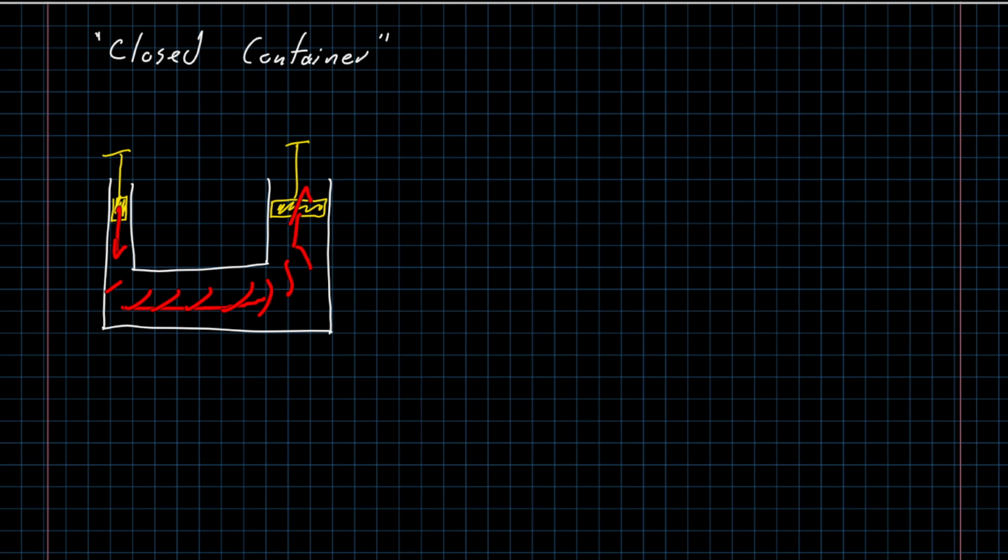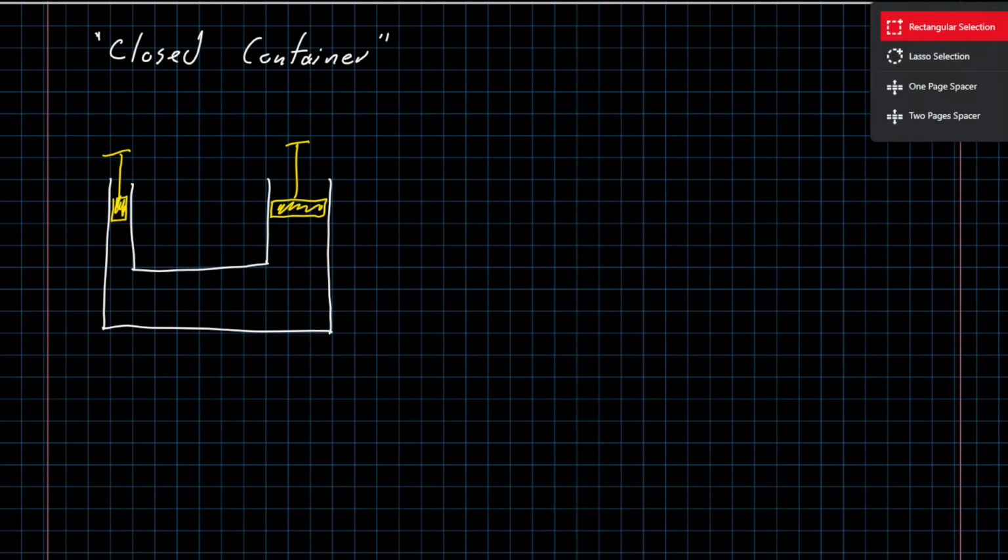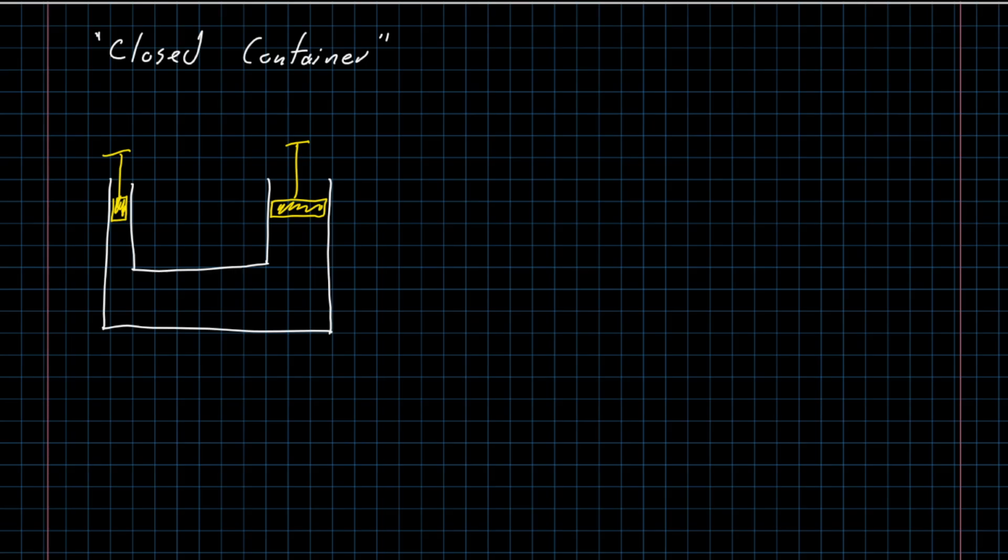Likewise, if I try instead to draw this piston up, it's going to cause fluid to come in its wake and drag this piston down. So the motion of one piston is going to be directly tied to the motion of the other piston.